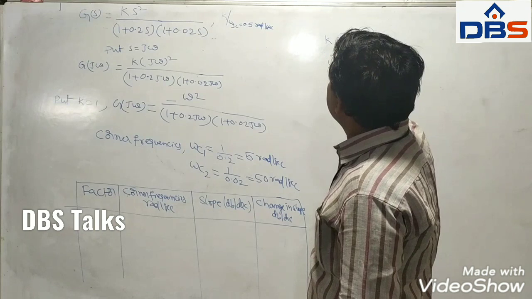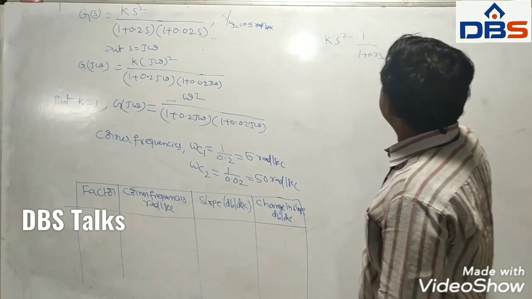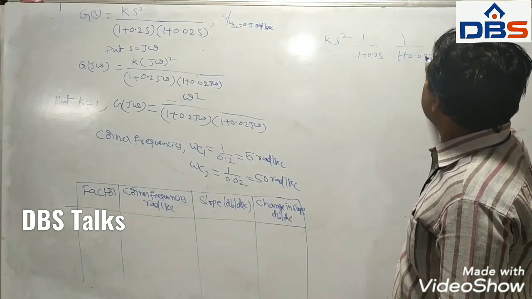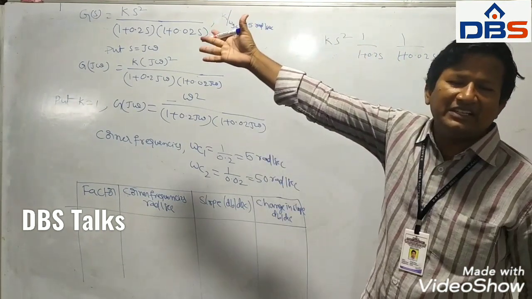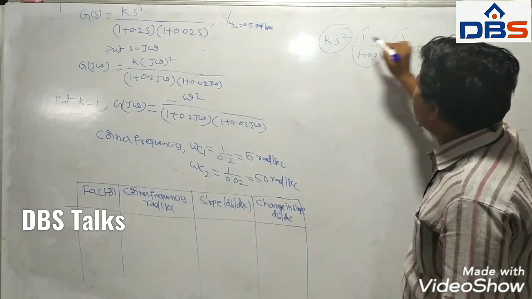The first factor is K s square, the second factor is 1 by (1 plus 0.2s), and the third factor is 1 by (1 plus 0.02s). Combining these gives the open loop transfer function, so we have taken three different factors.